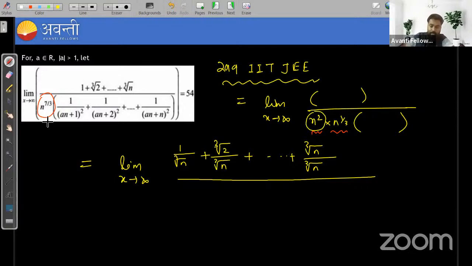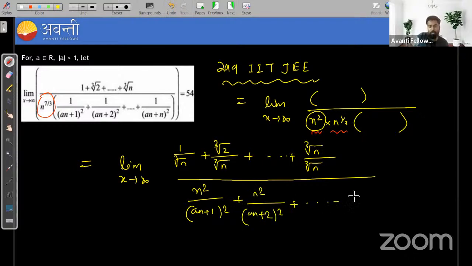If you multiply this n square inside the bracket, it becomes n square divided by n plus 1 whole square plus n square divided by n plus 2 square plus up to n square divided by n plus n whole square. Yes or no? It is given or not? Yes, it is given.